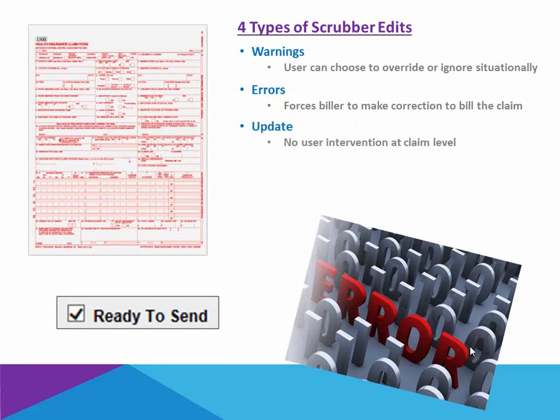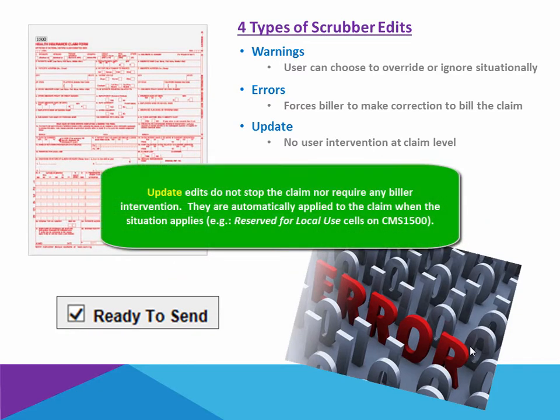The third level is called an update check, and this is when you need to have a message of sorts automatically appended to your claim. Often there are cells on the claim form reserved for local use, for instance, and certain payers may want specific data in that particular form locator of the claim, all the time for that payer.